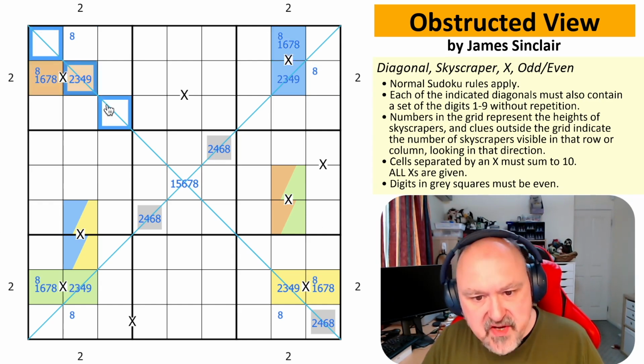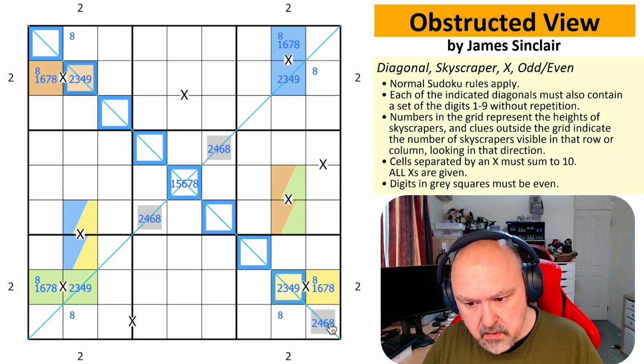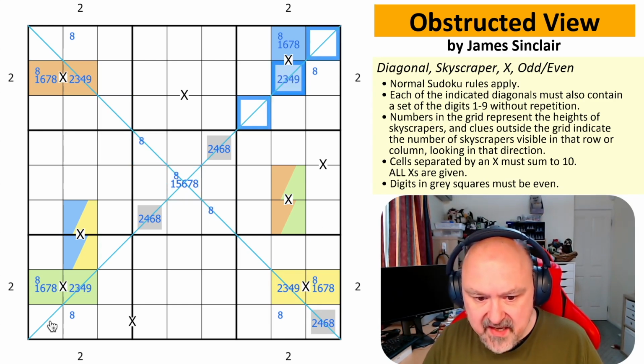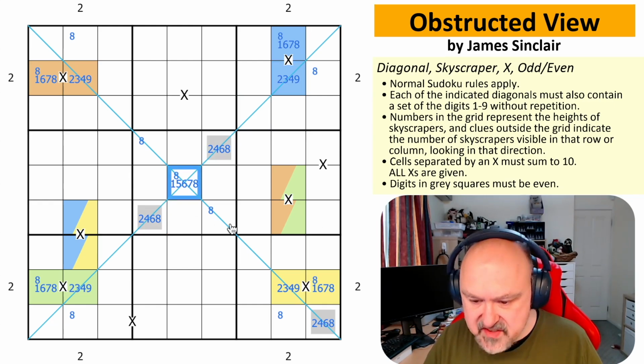Which means on this diagonal, 8 can't go here or here. So 8's in one of those 3, but on this diagonal, 8 is limited to those 3, and the only cell that meets those conditions means I have to put 8 in the middle, which means those are not 8's.